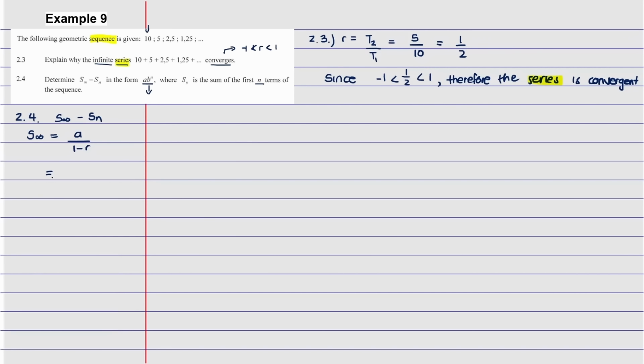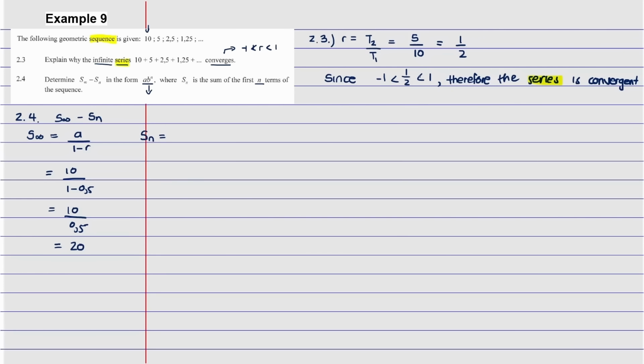So it's going to be 10 divided by 1 minus 0.5, which is the same as 10 divided by 0.5. Paste that into the calculator. You're going to get that your sum to infinity is equal to 20. So now we need to find the sum of n terms.